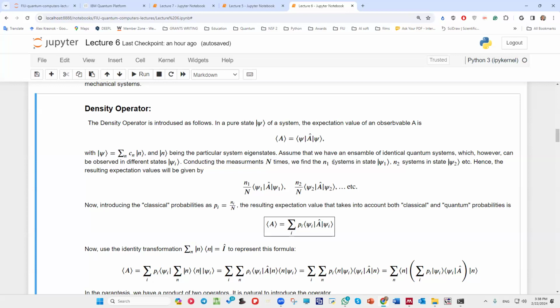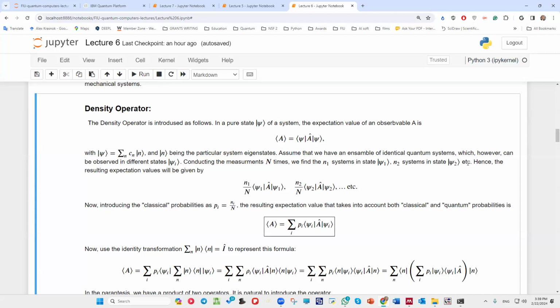We measure the system, for example, its energy, or the energy of a particular molecule, and we find that particular molecule, that particular atom, n1 times in the state psi1, which is, for example, a state with some particular energy. And we observed the psi2 state n2 times, and so on, psi n, n times, whatever.